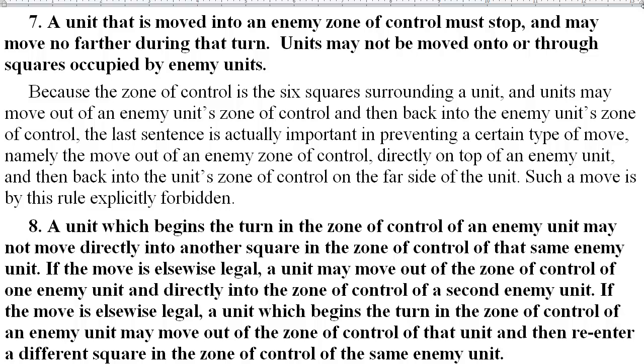I cannot, however, then move straight through the zone of control of units. I can only move in and out. In addition, if I am in the zone of control of one unit at the start of my turn, I can move out of that square directly into the zone of control of a second enemy unit, so long as I am moving out of the zone of control of all of the units in whose zones of control I started.